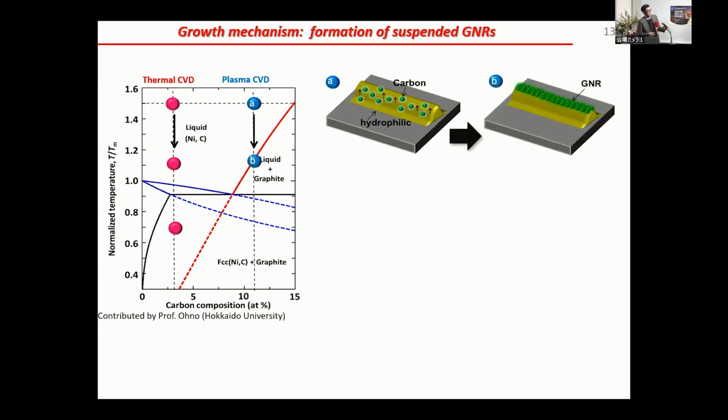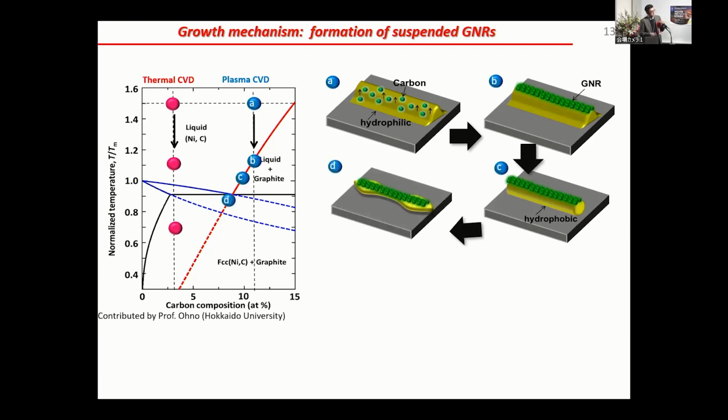During the cooling, graphene is segregated on the surface of the liquid phase nickel. At this stage, the graphene nanoribbon is formed. But a lot of liquid phase nickel remains under the graphene nanoribbon, and the carbon density inside the liquid phase nickel becomes very low. That's why it changes to hydrophobic, and hydrophobic liquid is very unstable.